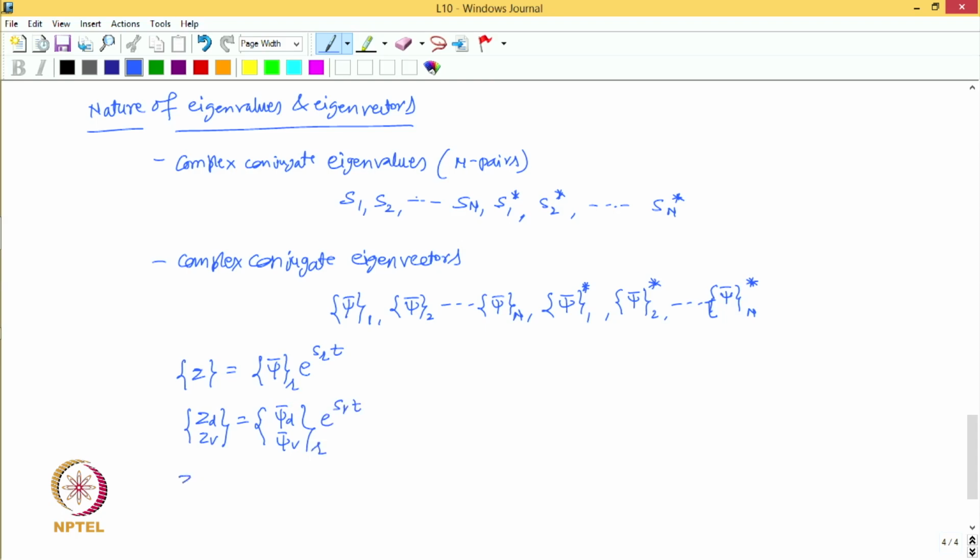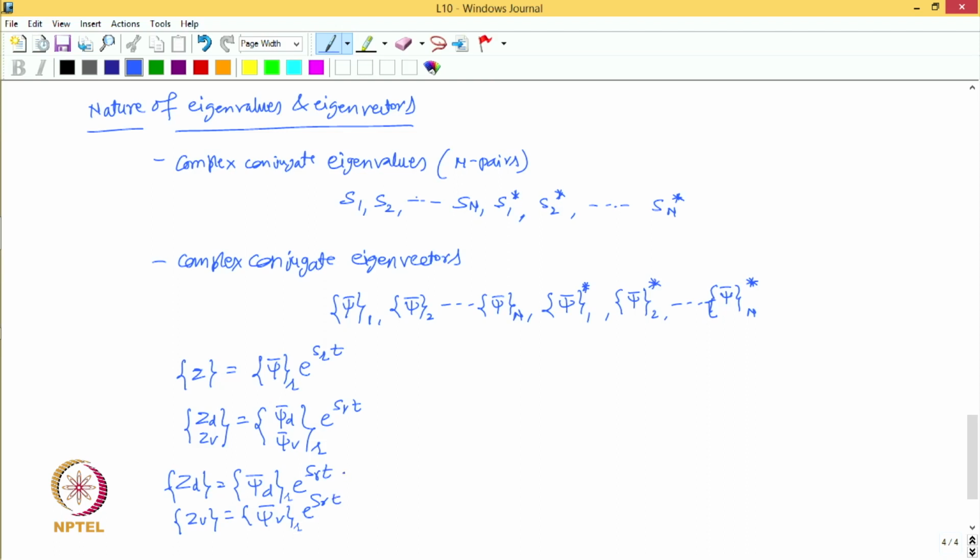Therefore, what we have got is that ZD is equal to psi bar D e to the power SRT, and ZV is equal to psi bar V e to the power SRT, right.